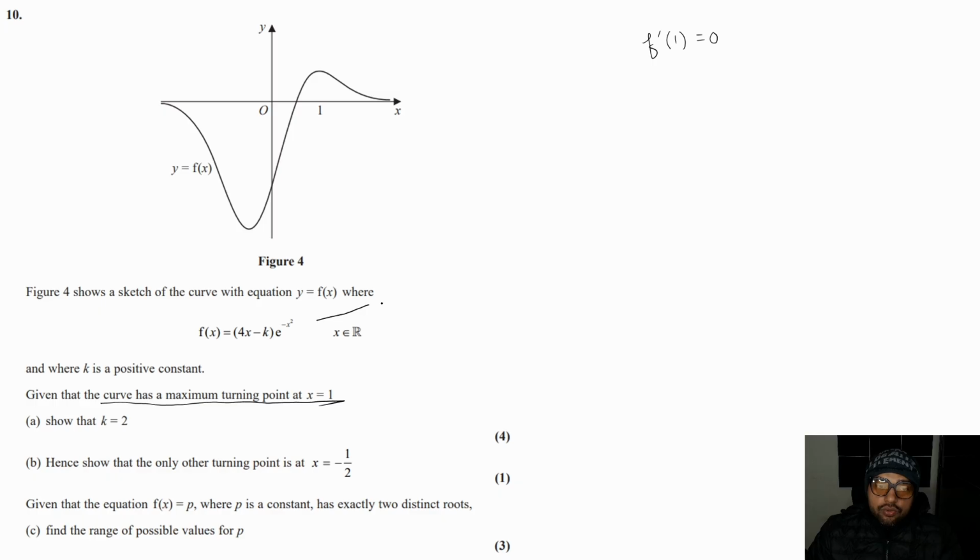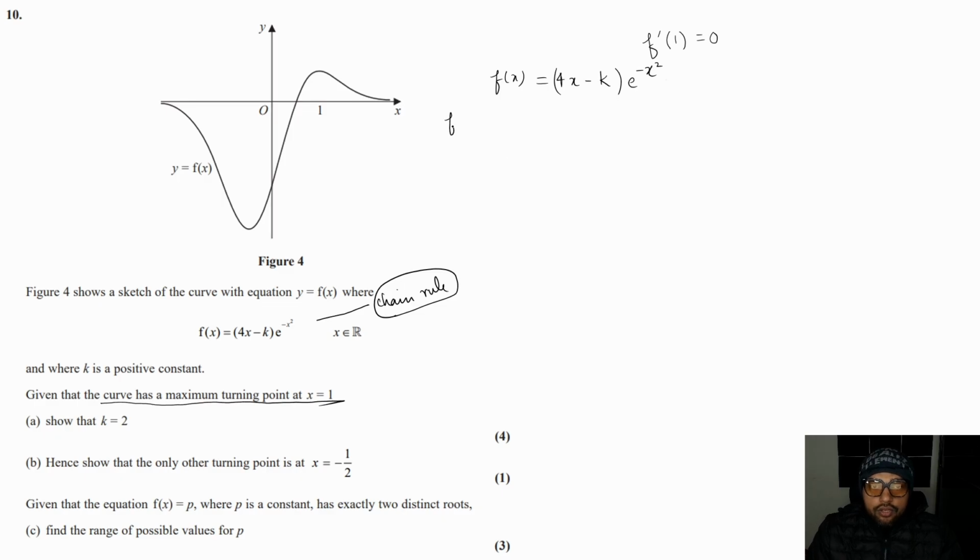So we'll apply the chain rule here. I have even made videos on the differentiation part as well. The most challenging questions of differentiation and derivatives have been taken by me, and the playlist is there. For this part, f(x) is equal to 4x minus k e raised to the power negative x square.